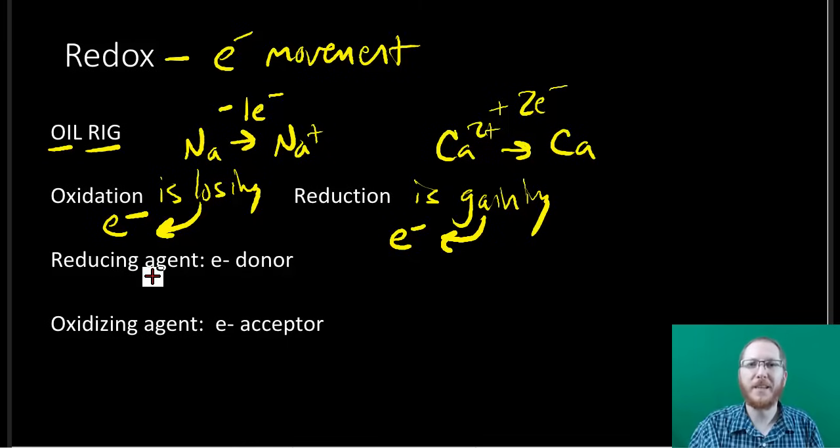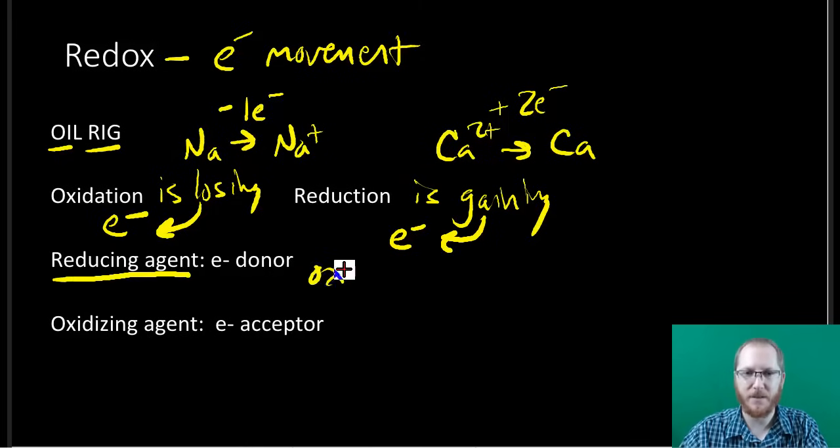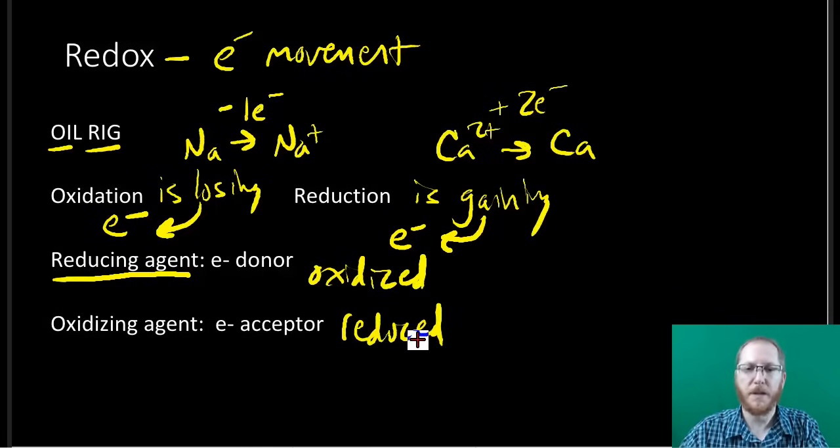To be reduced, you have to gain an electron, so it has to come from someone. So if you see them talk about reducing agents, just think that's the guy being oxidized. If you see them talk about an oxidizing agent, that's the guy being reduced. Because by being an oxidizing agent, you're allowing somebody to be oxidized, which means you have to be reduced to allow that to occur.